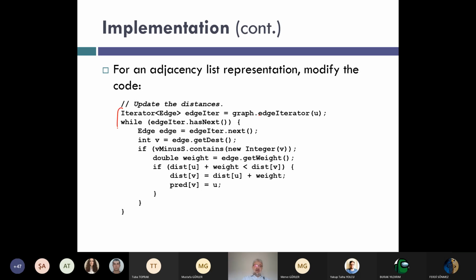Then the overall running time of this operation will be theta m in adjacency list. If you implement it like this, it's not going to be good for adjacency matrix.